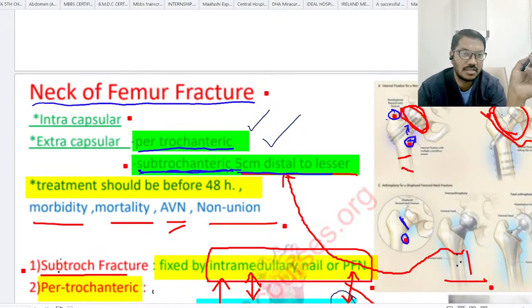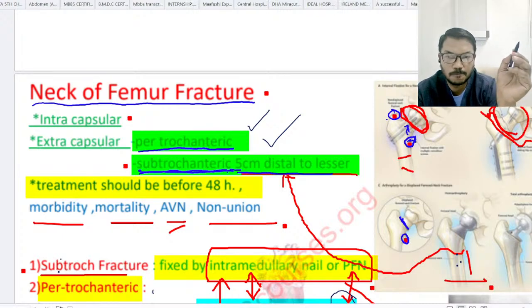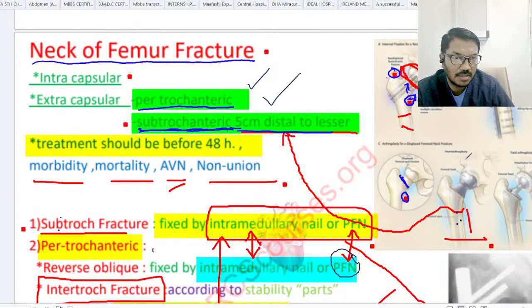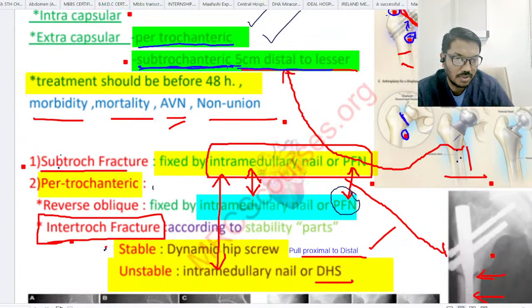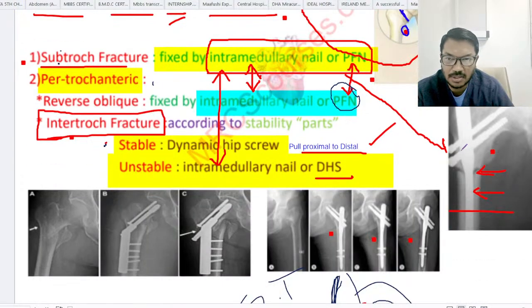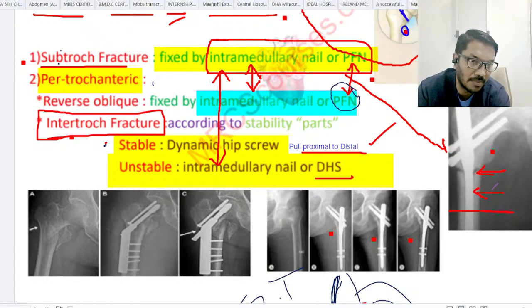No need to see, just understand. Okay. In this picture, you can see the trochanter.